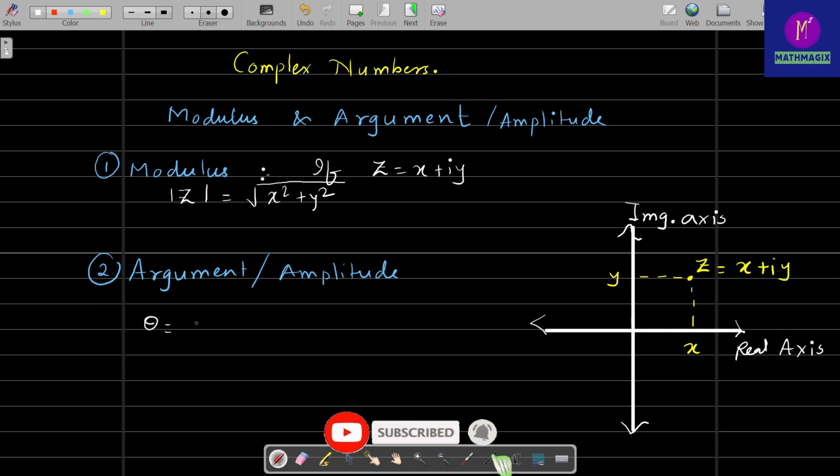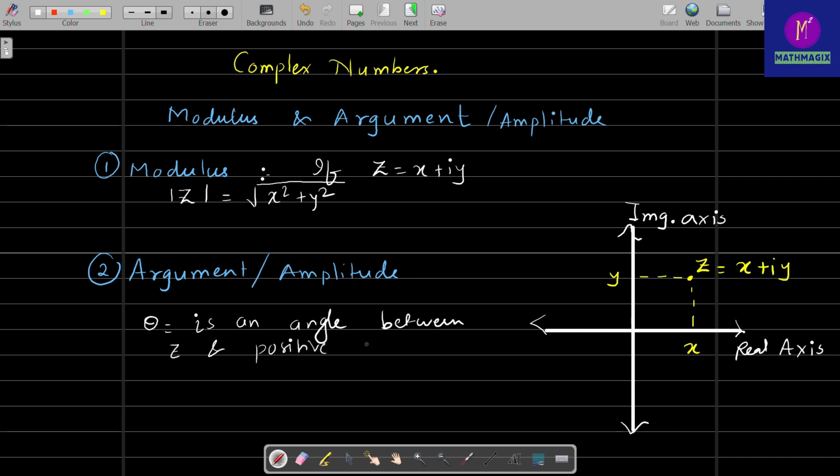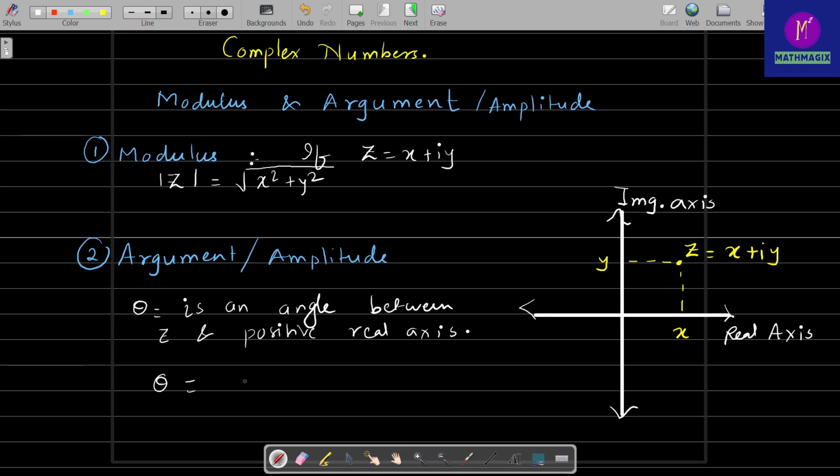So theta is the angle between z and the positive real axis. Here we can define theta using tan inverse of y by x. So the value of theta is tan inverse of y by x. Remember one thing, we are measuring theta from the positive real axis.